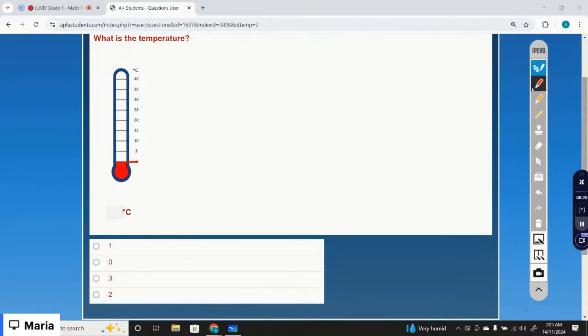So that is 0 degrees Celsius. The correct option is 0.